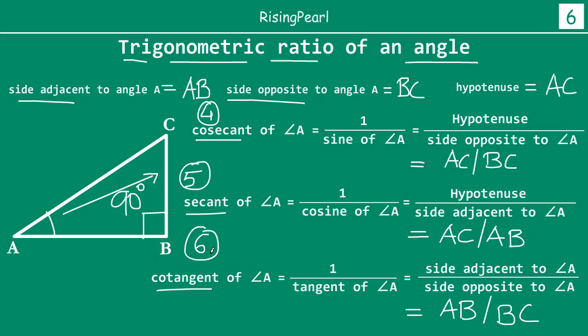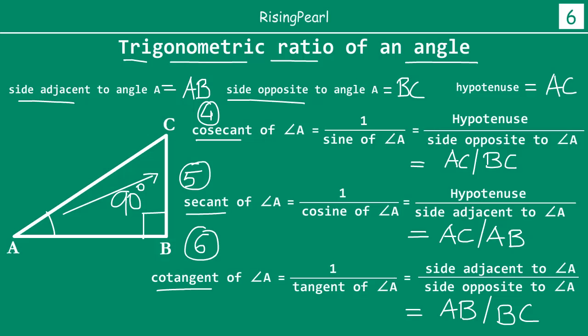So the first three ratios we saw separately, and the second set of three ratios, which is cosecant, secant and cotangent, are really the inverse of sine of angle A, cosine of angle A and tangent of angle A respectively.